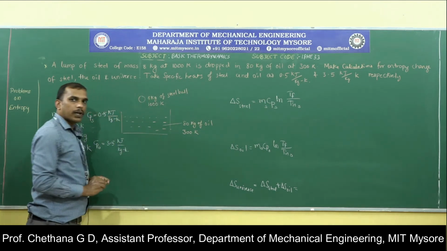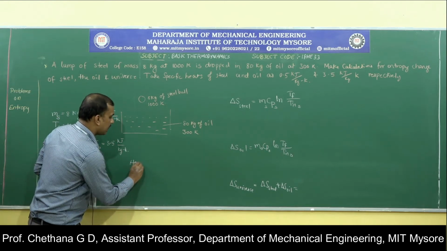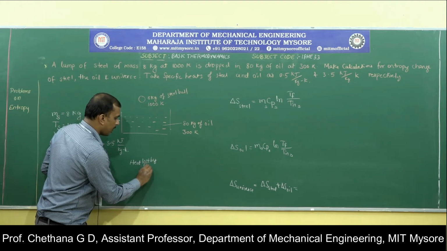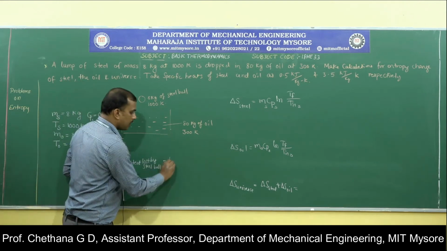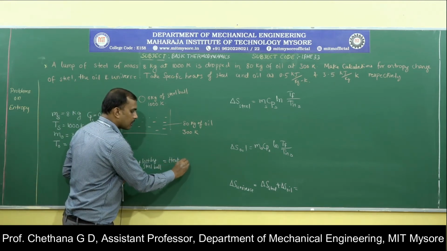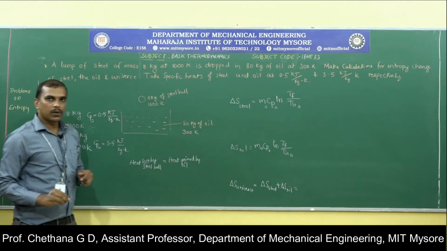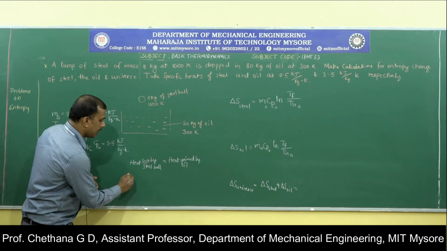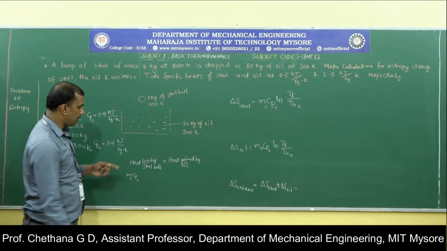So we know all the data except the final temperature. How can we find out the final temperature? It is just by balancing the energy, that is, heat lost by the steel ball will be equal to heat gained by the oil. Now you have to be careful, try to keep both sides positive. That is, heat lost is m Cp dT for constant pressure. So mass of steel, Cp of steel.